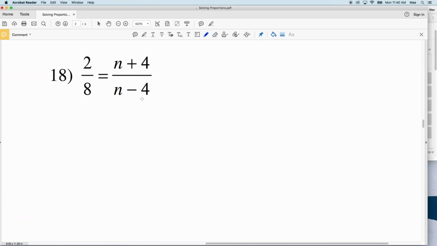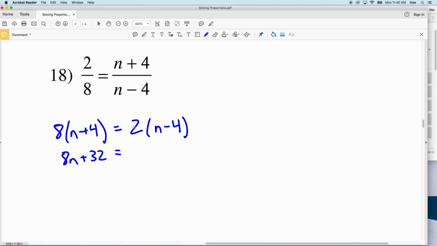In number 18, cross multiplying, we'll have 8 times n plus 4 equal to 2 times n minus 4. Distributing the 8, we'll have 8n plus 32 equals, distributing the 2, 2n minus 8. Subtract 2n from both sides to get that 6n plus 32 equals a negative 8.